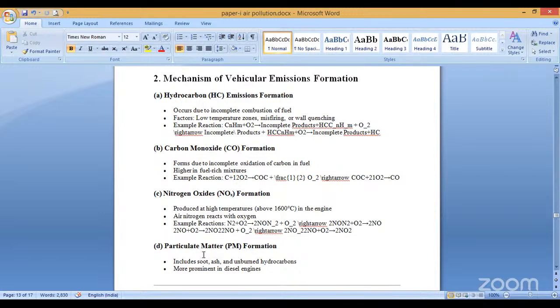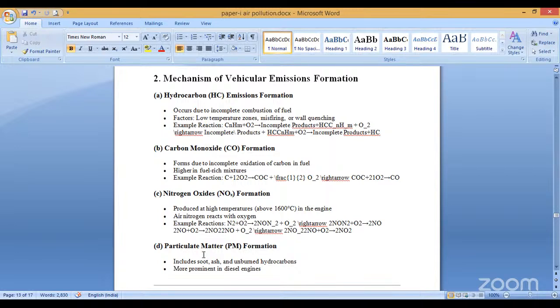Nitrogen oxide formation: it is produced at high temperatures, above 1600 degrees centigrade, in the engine. Air nitrogen reacts with oxygen. Example reactions are N2 plus O2 gives rise to 2NO, and 2NO plus O2 gives rise to 2NO2.